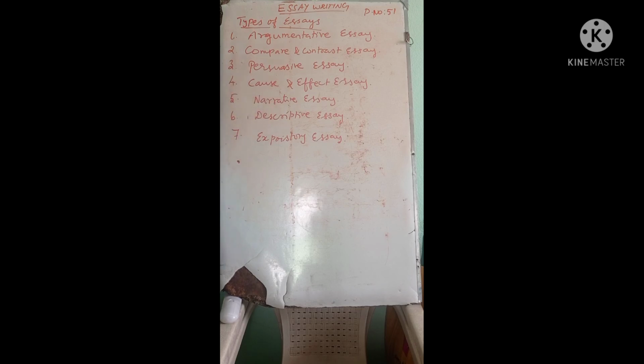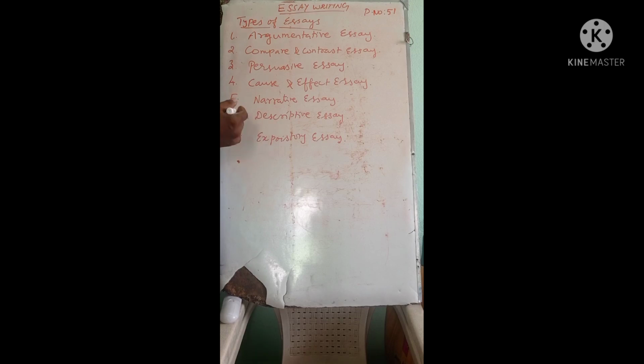The narrative essay means in this type of essay the writer can narrate a story. And descriptive essay. Descriptive essay means the writer should give the full detail of his subject.